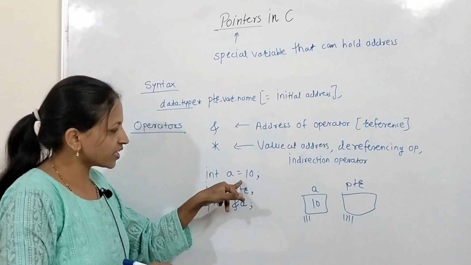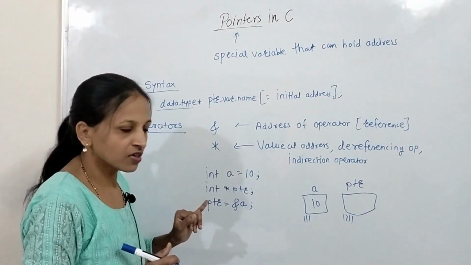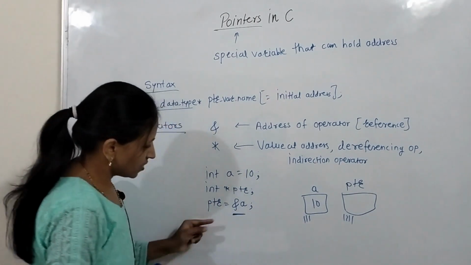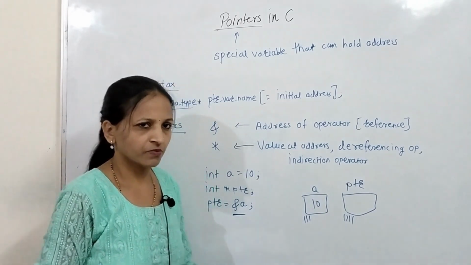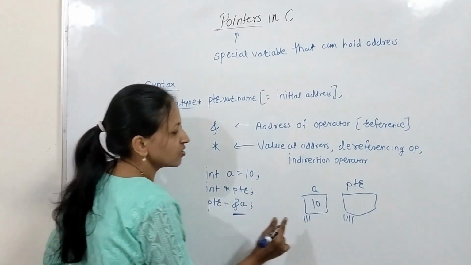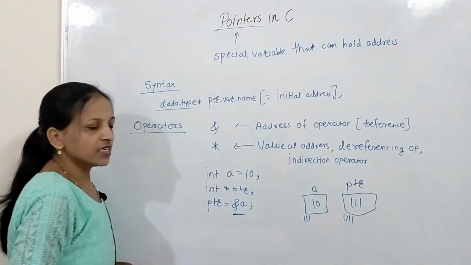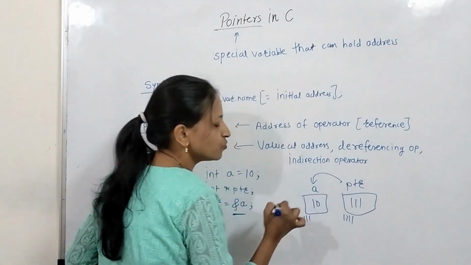Here a is what? a is a variable of type integer. I have written address of a. Now how will it work? What is the answer of this address of a? Address of a is nothing but 111. Now 111 gets assigned to ptr, meaning here 111 will get stored. Because this is the address of a. Now this ptr is pointing to a. This is the meaning.